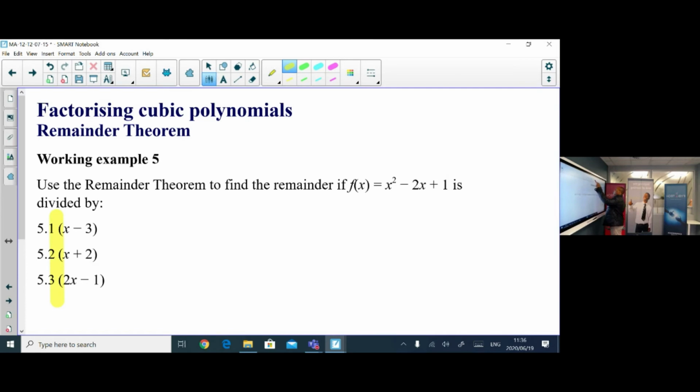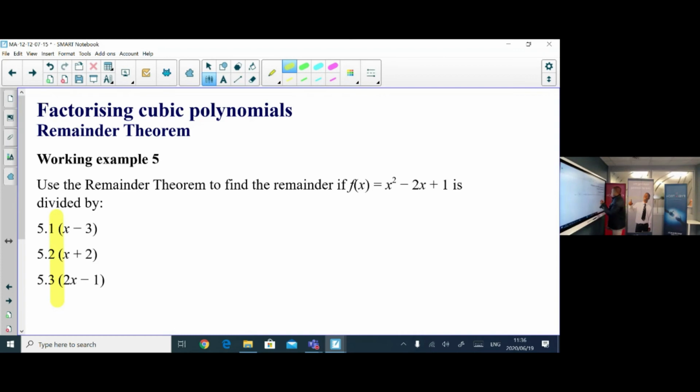So what you're going to do here is to choose what factor we can get, what is the root of the division.